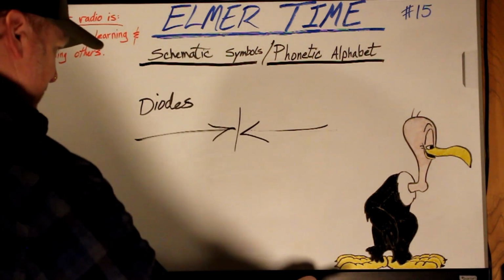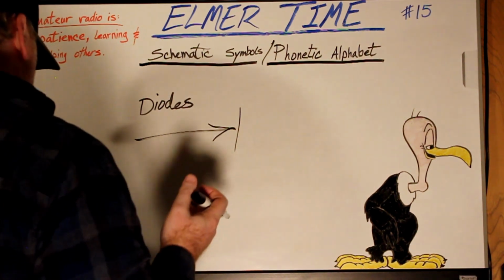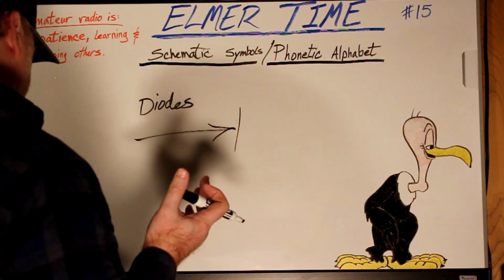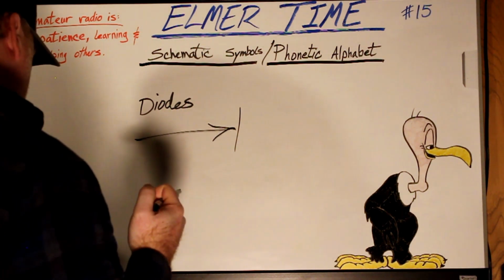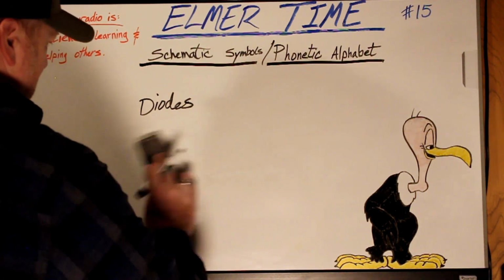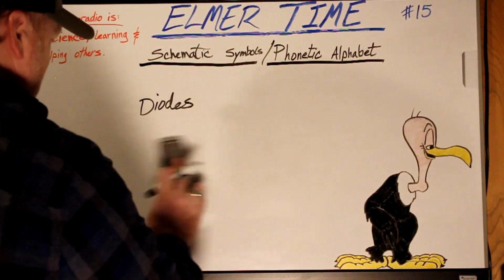It stops power from moving in the opposite direction. Allowing current to flow in one direction restricts flow from the opposite direction. Most of them are made out of silicon or germanium. You'll find diodes in almost every circuit.